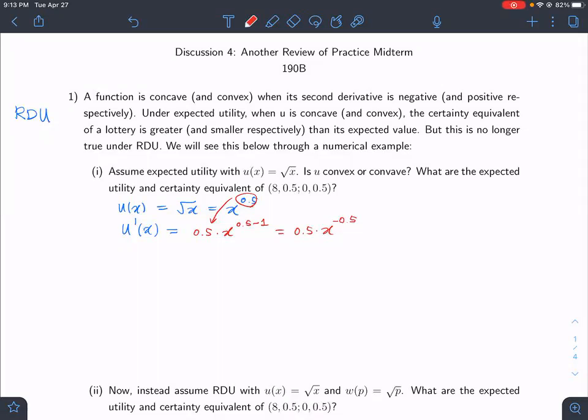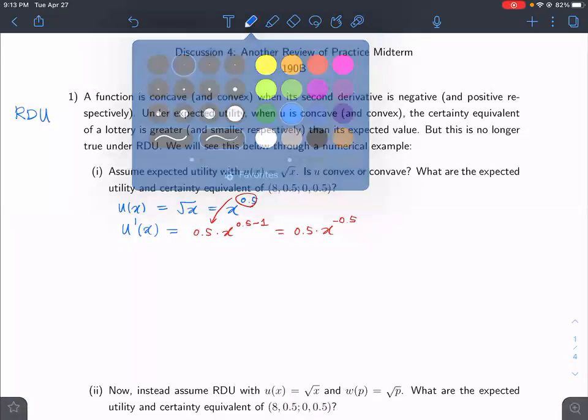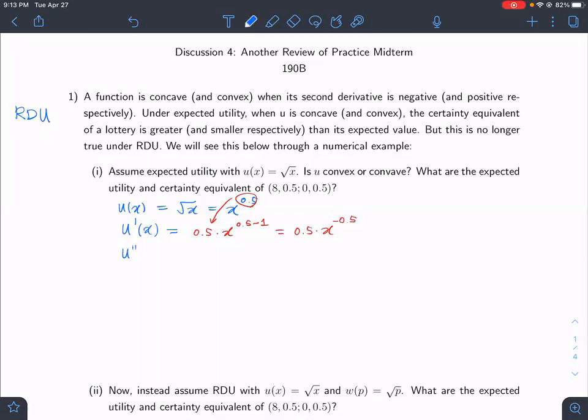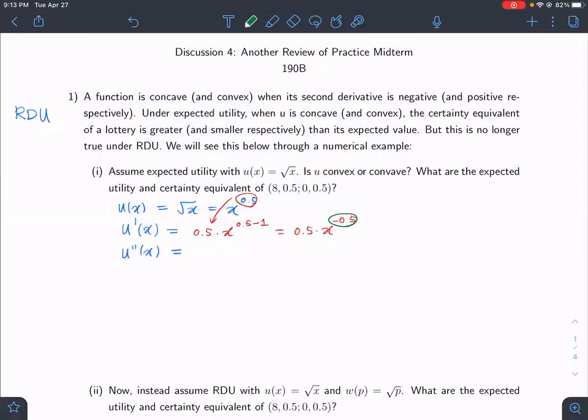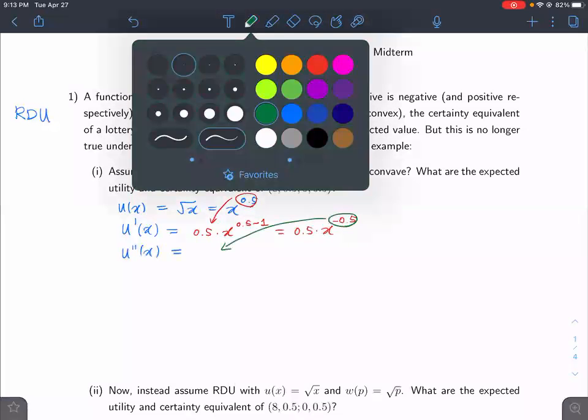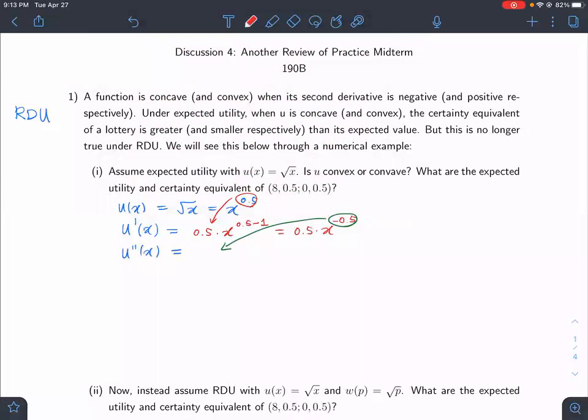So when you take another derivative, you just apply the same rule. We have this exponent taken to the ground, and then, let me use color green, 0.5 was already there, times minus 0.5, which is taken to the ground, times x^(-0.5 - 1).